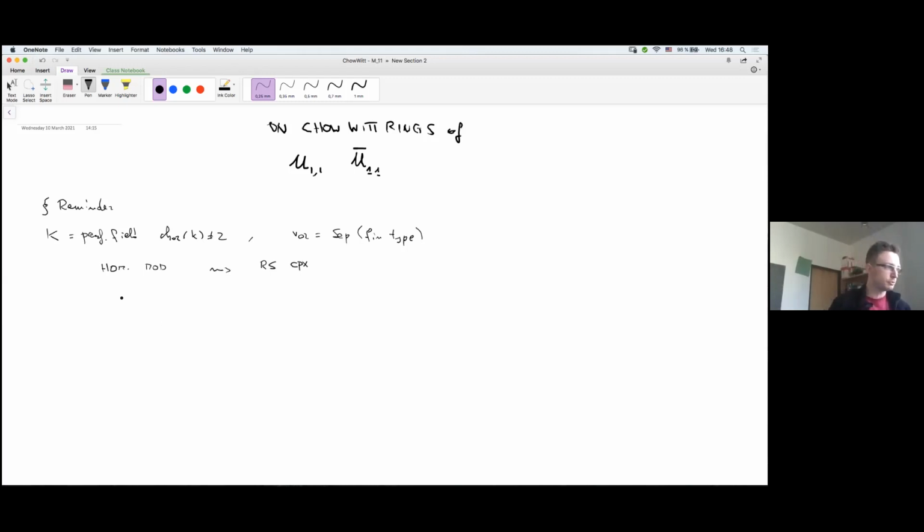So for example, if we start with Milnor-Witt K-theory, then we have the usual homological and cohomological Rost-Schmid complex on a variety X, twisted by a line bundle L.